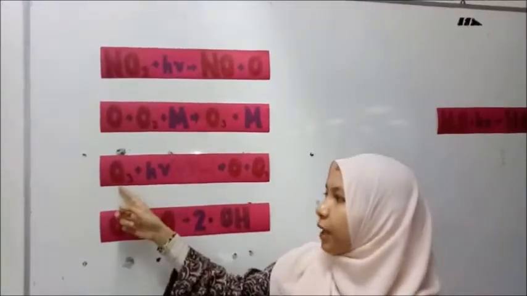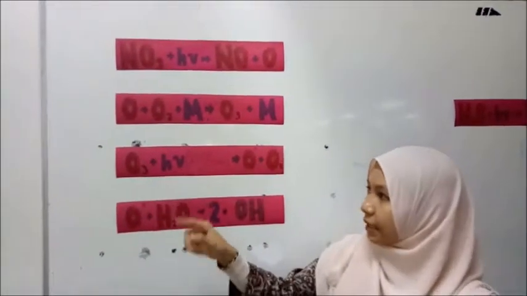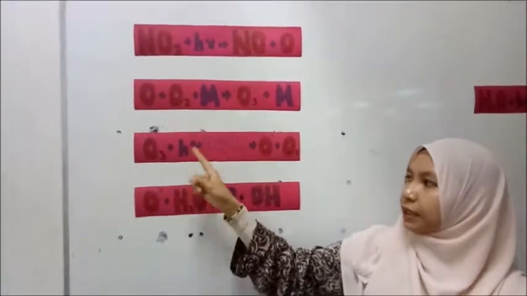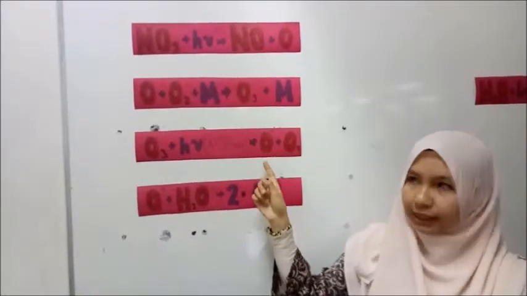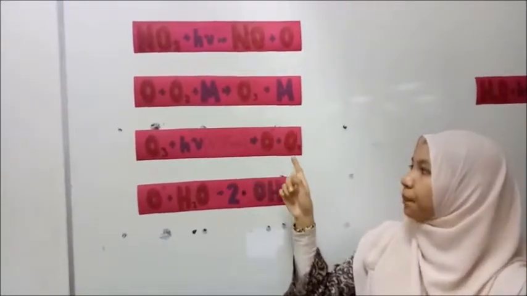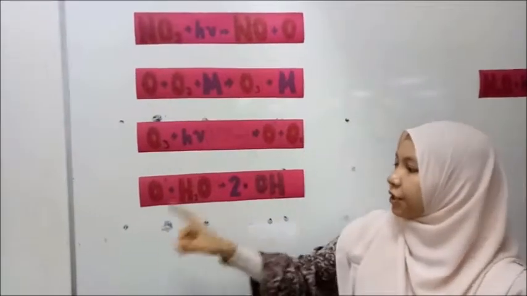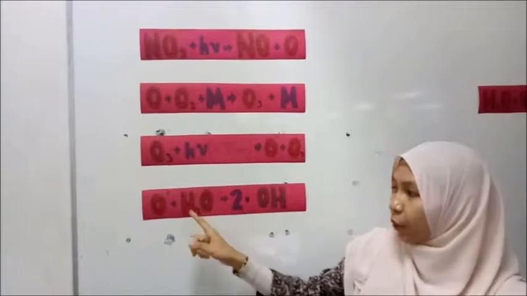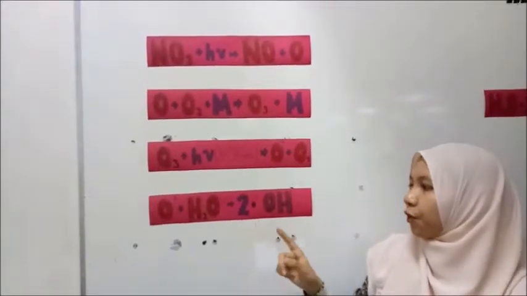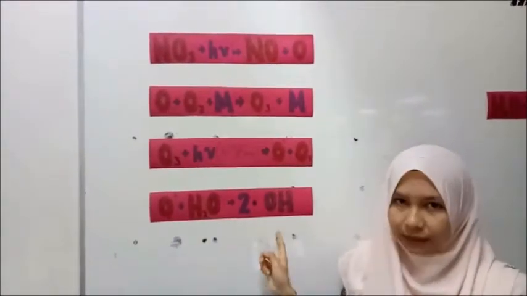Then the ozone will undergo a photochemical process, absorbing sunlight and producing excited oxygen and also oxygen gas. This excited oxygen will react with water to produce 2 moles of hydroxyl radical.